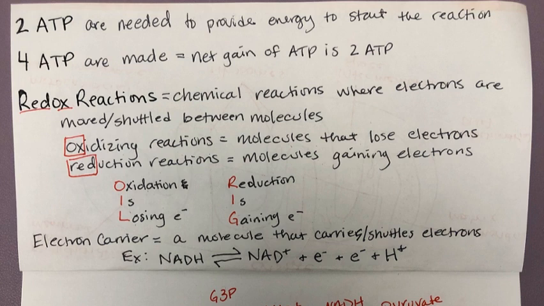Our example that I used in glycolysis is NADH, which can be broken down into NAD plus, 1 electron, another electron, plus a hydrogen ion. And that has the weird arrow because you can go back and forth. You can take those 4 products and they can become the reactants to form NADH.